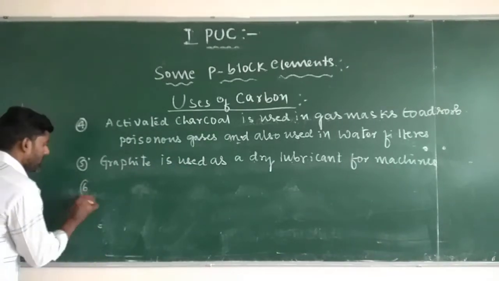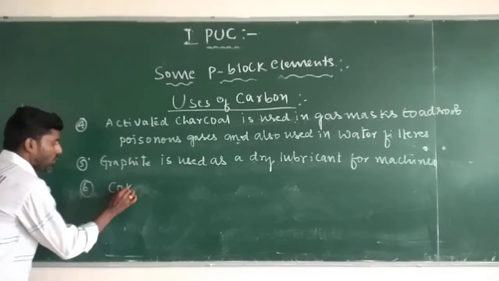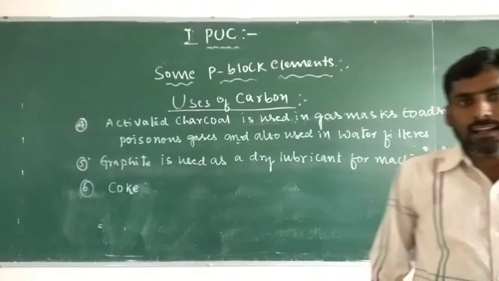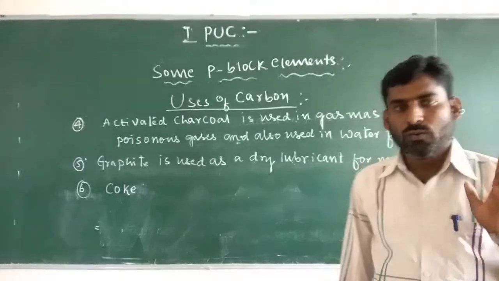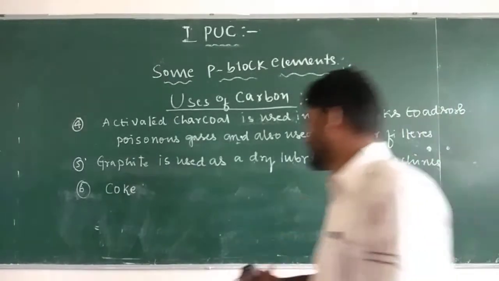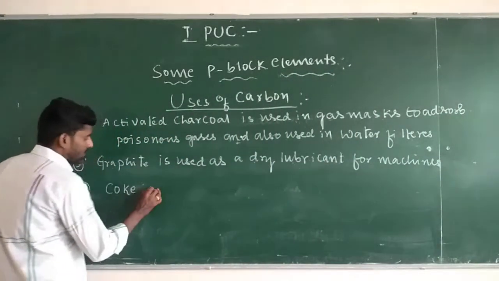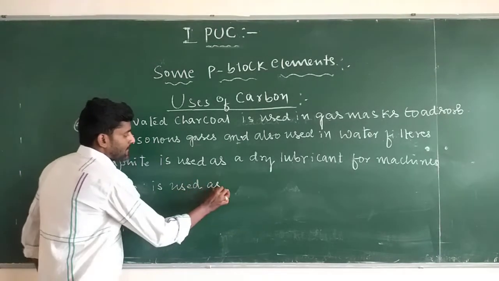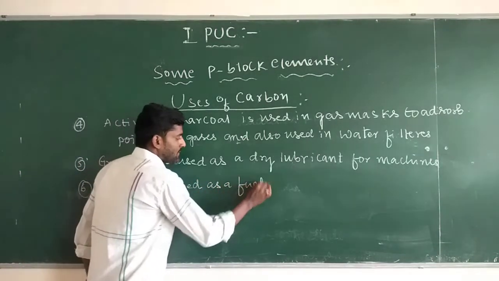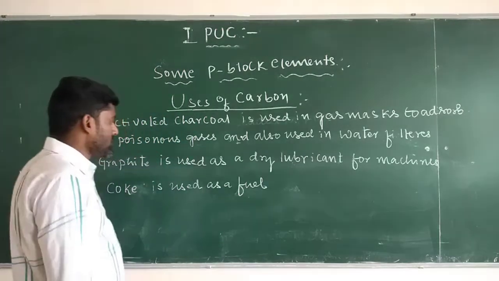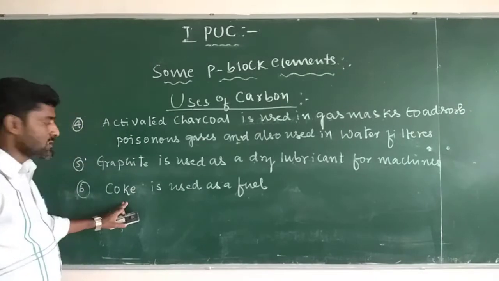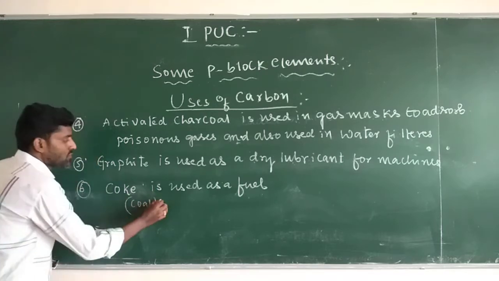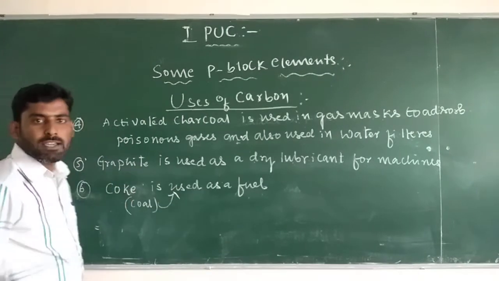And the sixth one, coke is one of the allotropic forms of carbon. It acts as a fuel. Coke is used as a fuel, and coal is also used as a fuel.